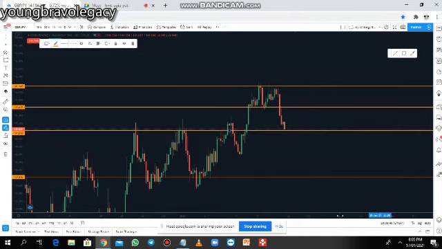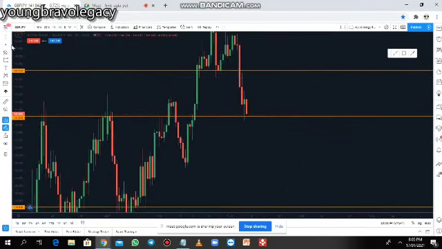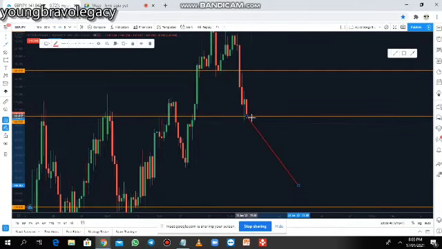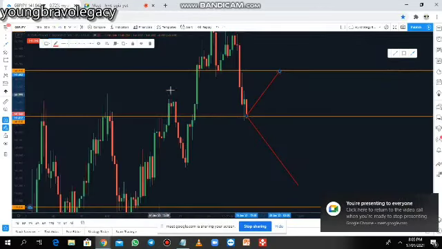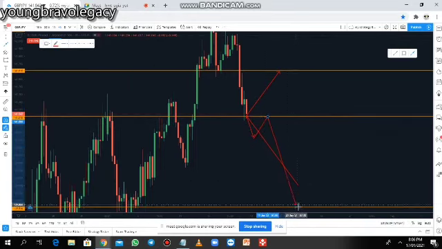On the 4 hours, you can see price is presently at a major support zone. This is a very important area for price on the 4 hours. Probably price might reject this area and start going up, and there is high probability that price can break this support, then create a resistance and start coming down.